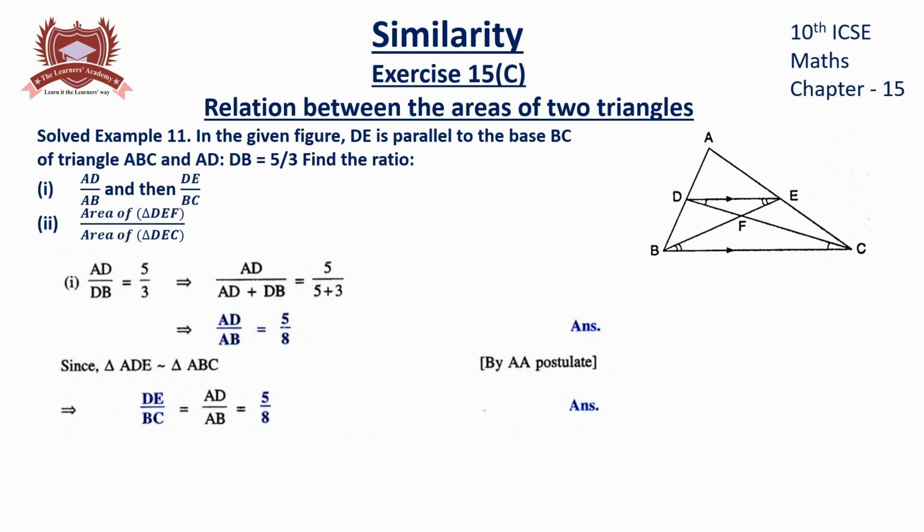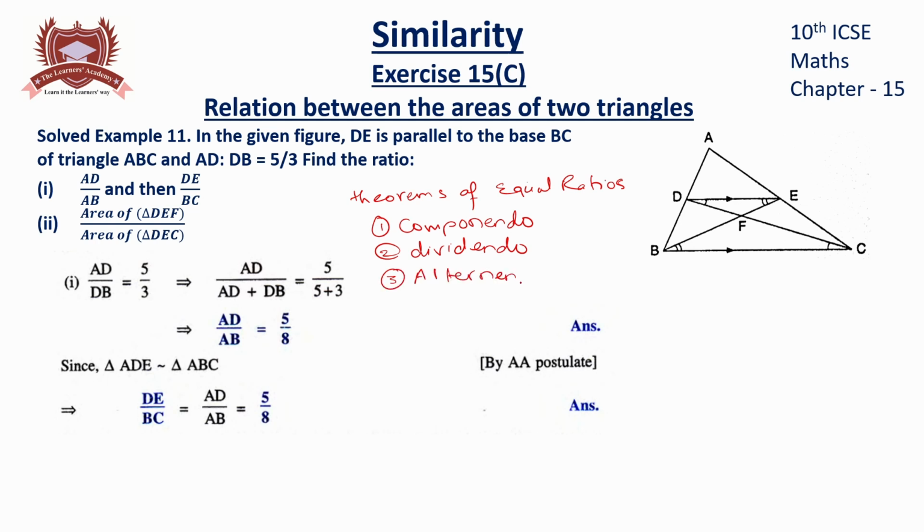So AD upon DB is 5 by 3. So that implies AD upon AD plus DB will be equal to 5 upon 5 plus 3. ये भी कॉम्पोनेंडो इन्वर्टेंडो किया, डायरेक्टली वी गेट दिस. तो आपको थियरम्स ऑफ इक्वल रेशियोज आना बहुत ज़रूरी है. तो पहले आता है कॉम्पोनेंडो, सेकंड आएगा डिविडेंडो, फिर आएगा ऑल्टरनेंडो, इन्वर्टेंडो और पांचवा आएगा कॉम्पोनेंडो डिविडेंडो. तो ये सारे हमने हमारे शॉर्ट्स में दिए हैं ऑलरेडी.